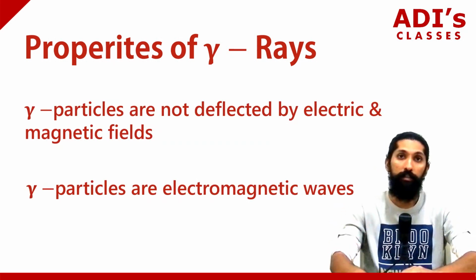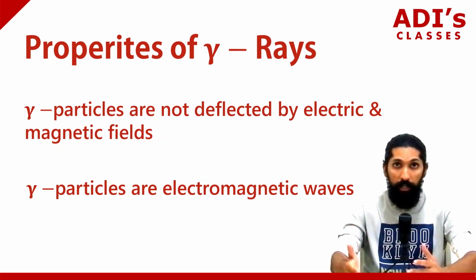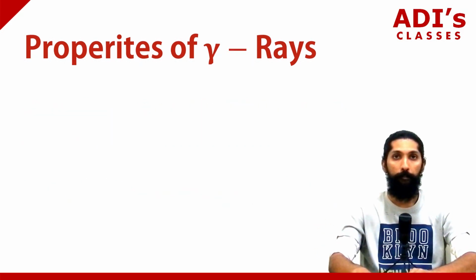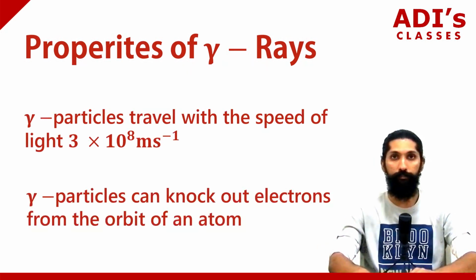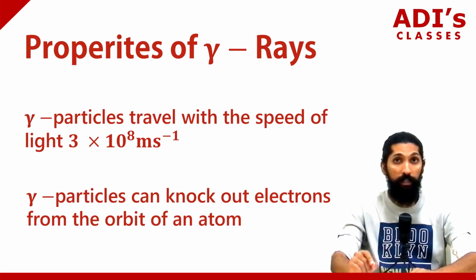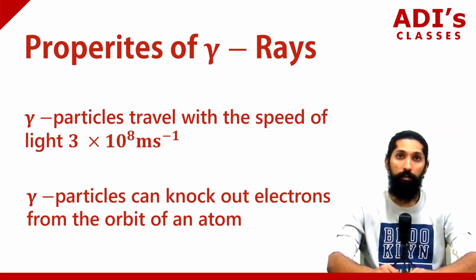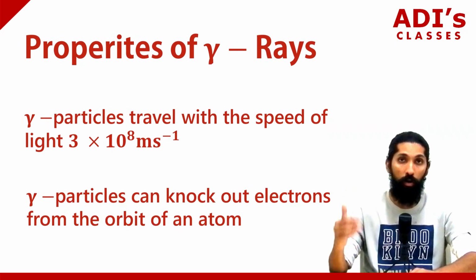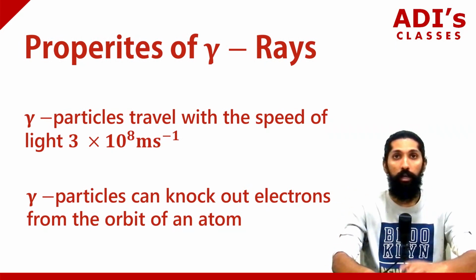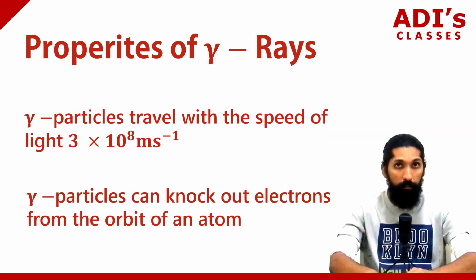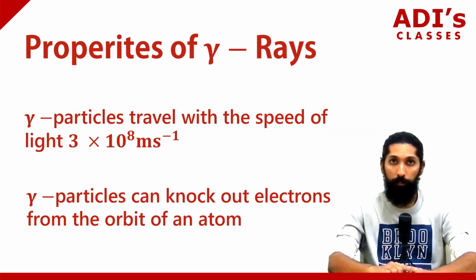They're like light, they travel with the speed of light, 3 into 10 power 8 meter per second. Quite obvious. And they can knock out electrons from the orbits of an atom, because they are so energetic. These are certain properties of gamma rays. Please remember any 4 of the properties of gamma rays.